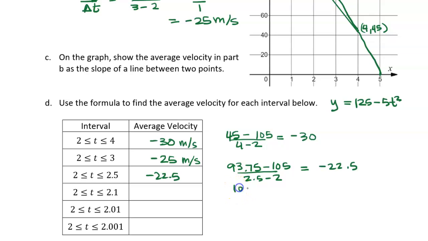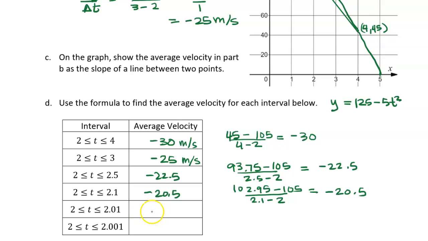The next one I get 102.95, that's the value at 2.1, minus 105 over 2.1 minus 2, and then I get negative 20.5. I'm just going to do that for each one of those.